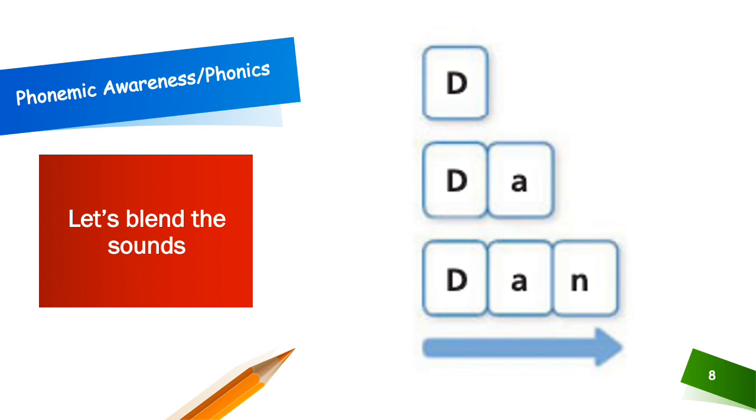The first sound is d. Then when you add an A, you have d, a. Then you add an N, and now you have da-n, Dan. Blend it all together, and you get Dan. Nice work.